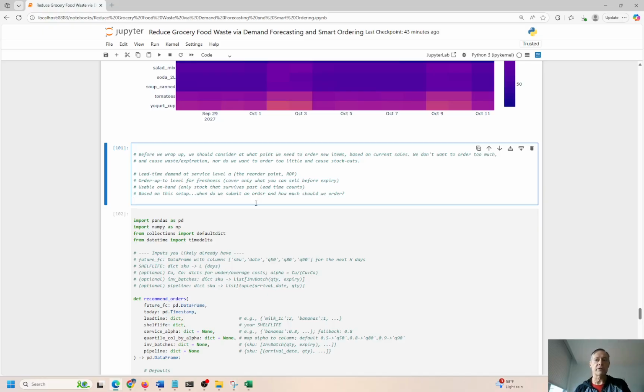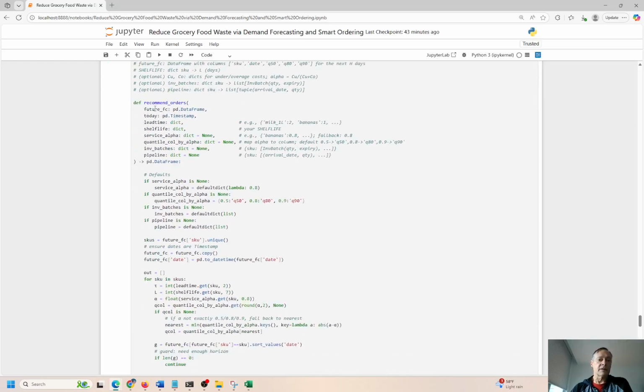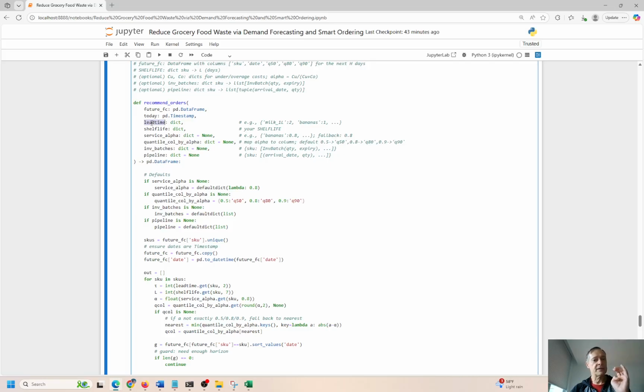So we want to try to understand historically what the sales have been, and we did the forecast into the future. You saw we did that regression model, right? But at what point should we start to create new orders for each one of these items? So that's what I want to look at right here. So we have the future sales, right? That today lead time. This is how much time it's going to take for the delivery truck to bring the items over. Again, it could be same day, day of.